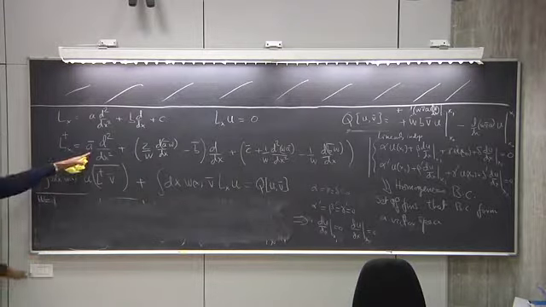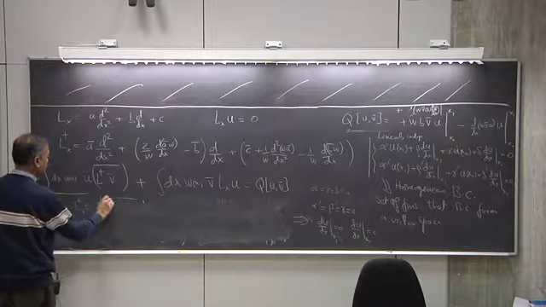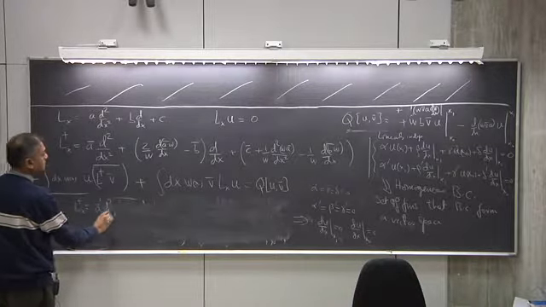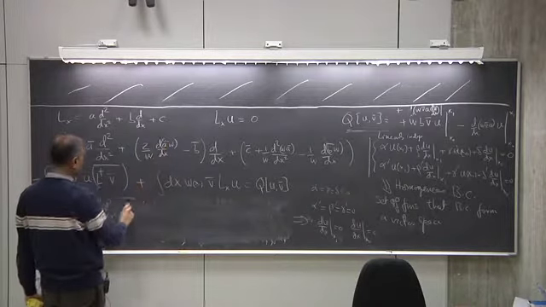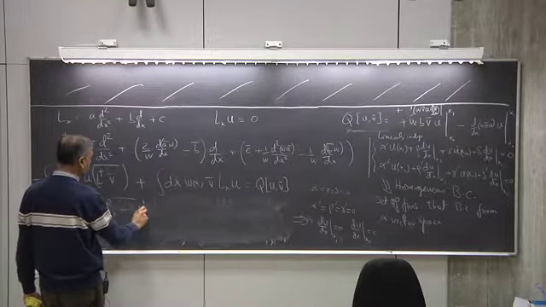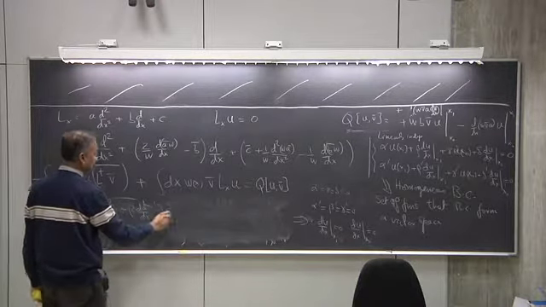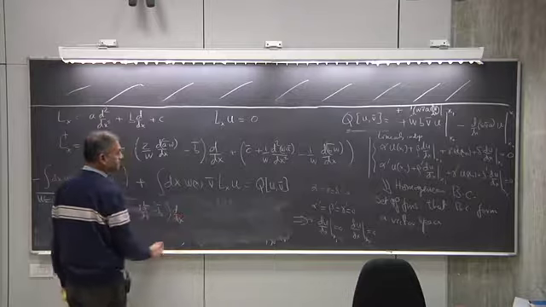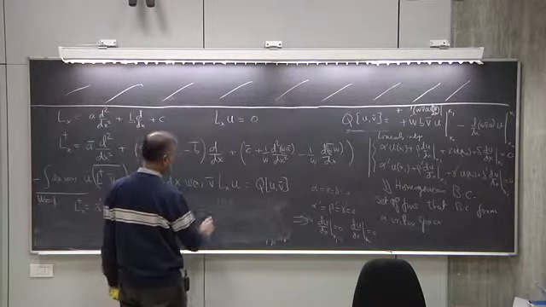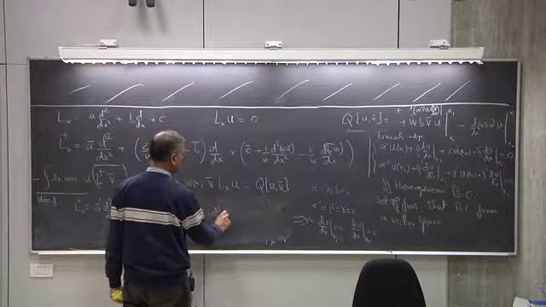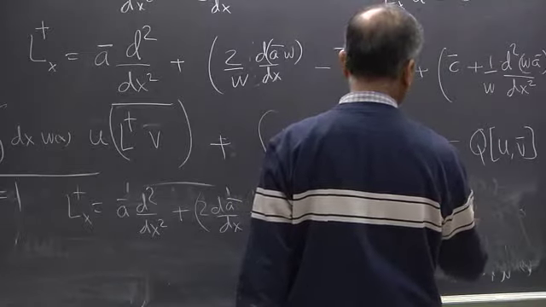Now L dagger x simply becomes A bar d2 by dx2. And then here W is 1, so this goes out. So you simply get 2 dA bar by dx minus B bar d by dx, and then plus C bar plus d2 A bar over dx2 minus dB bar over dx.